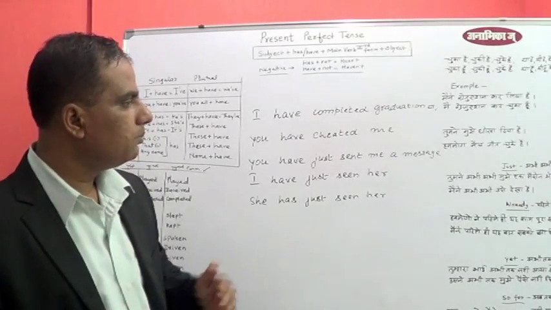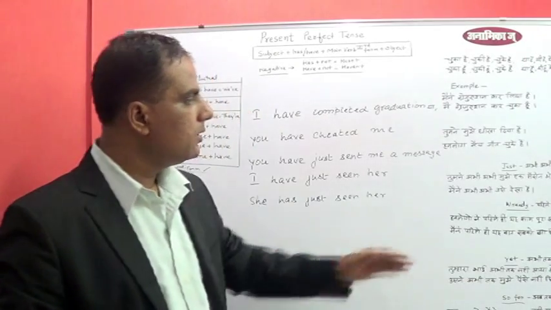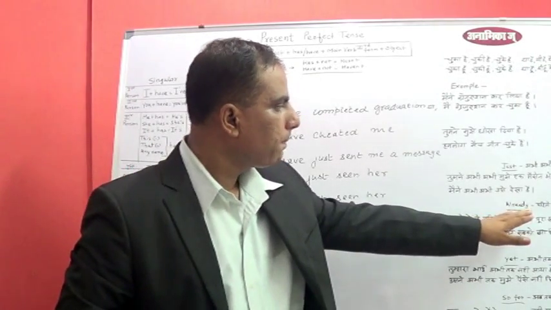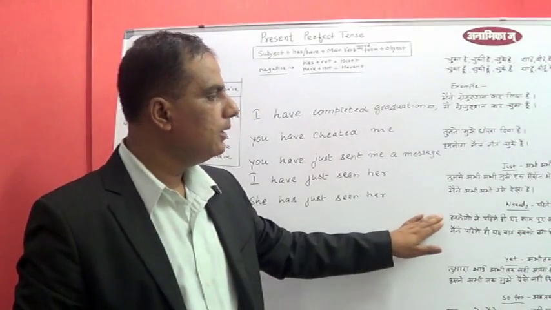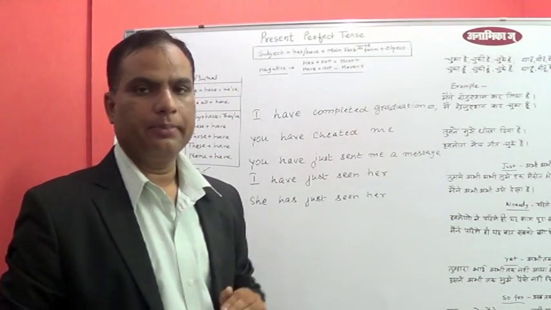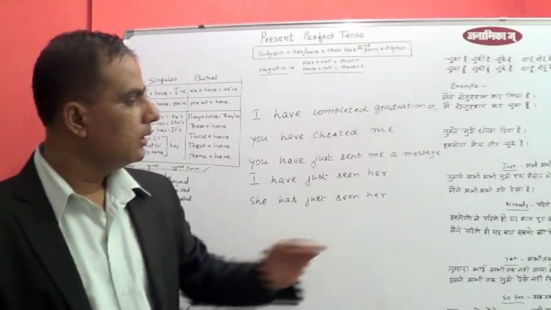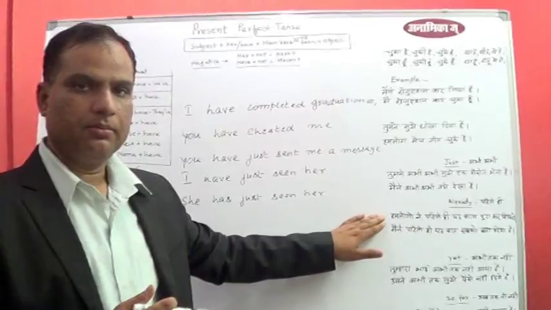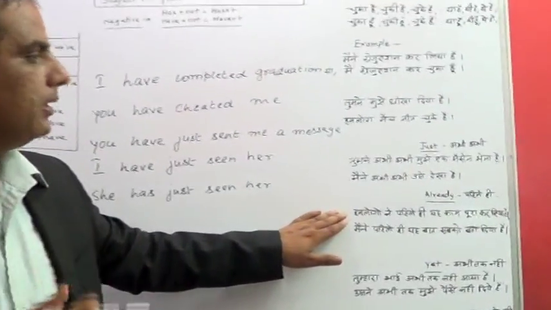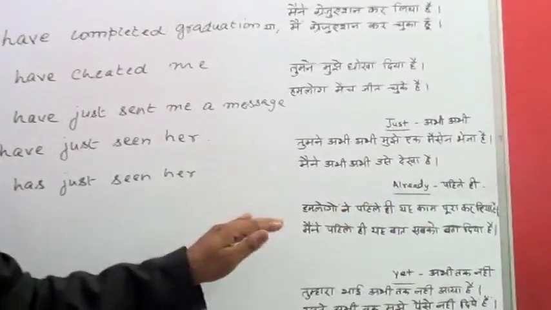Now let's make a sentence using already. जिसका मतलब होता है पहले ही. हम लोगों ने पहले ही यह काम पूरा कर लिया है. इसका मतलब ये हुआ कि ये काम किसी के एक्सपेक्टेशन से पहले ही, उम्मीद से पहले ही पूरा हो चुका है. So let's try to frame this sentence.